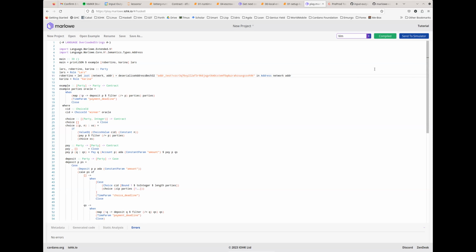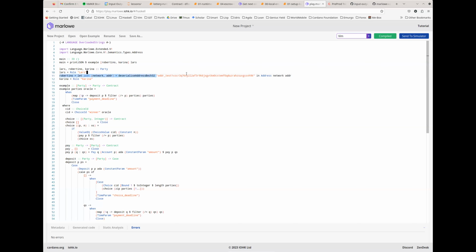Okay, so there are two ways of specifying parties in Marlowe. One is with a specific address, and the other one is via these NFTs. So now we have this, and I wanted to demonstrate both. That's why for Robertino I used this.